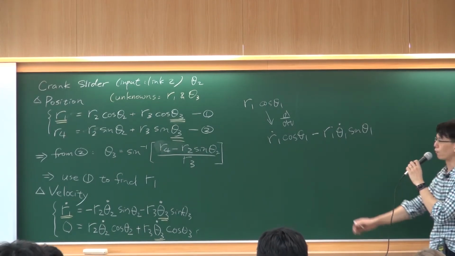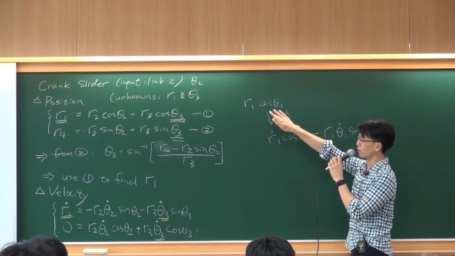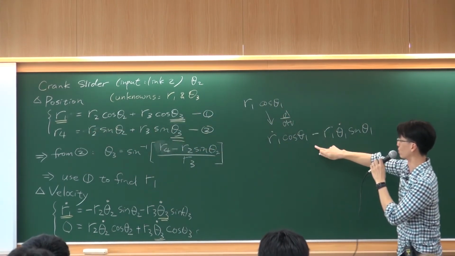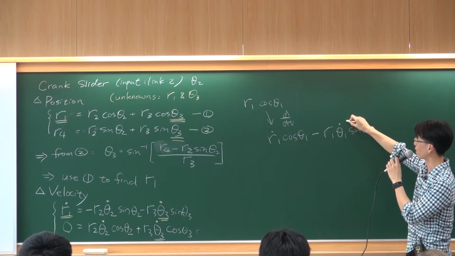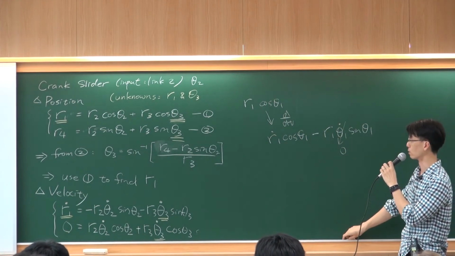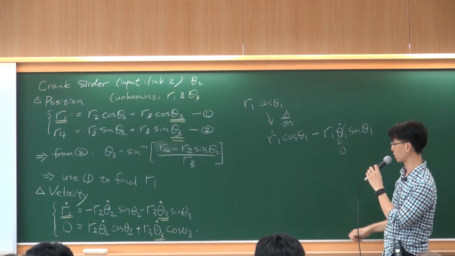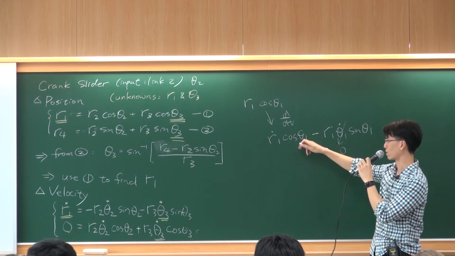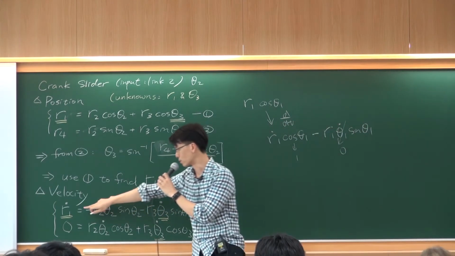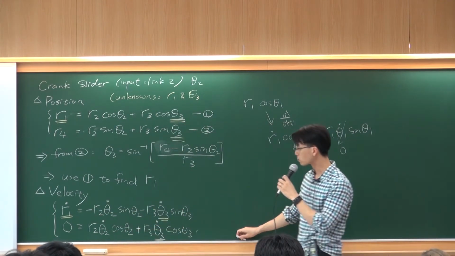But because theta 1 is a constant, the second term is just going to be 0. So only the first one is left, and cosine theta 1 is just 1. That's why there's only R1 dot here.